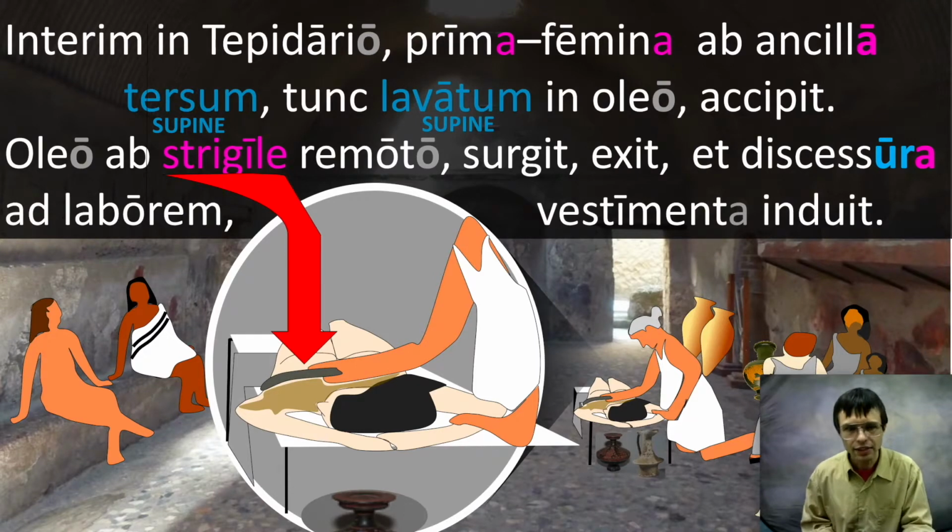Flashback. Interim in tepidario prima femina ab ancilla tersum tunc lavatum in oleo accipit. Oleo ab strigile remoto surgit, exit, et discessura ad laborem vestimenta induit.